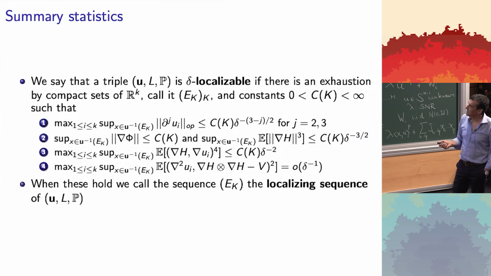And then I say that a triple for this projection, the loss, the unknown probability distribution, is delta localizable if you can exhaust the whole set by compact sets such that you have all these conditions.